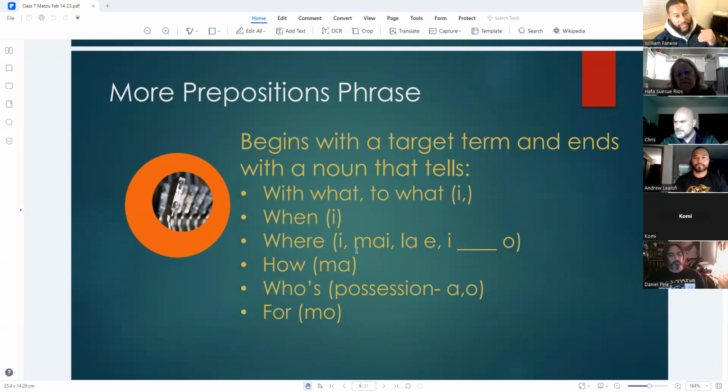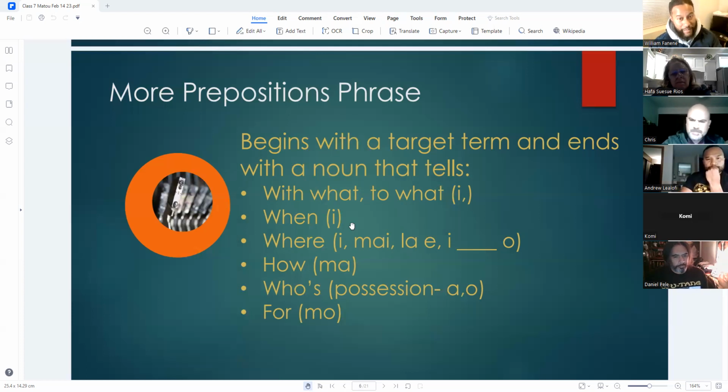E would be like to somewhere, to a common noun, to a store, to a house. Mai is from, so it could be the same subject, but E is going to it, or maybe it's there, or maybe it's above it or below it. But if we say mai, it's coming from, mai fale, from the house. Mai whatever subject you want.